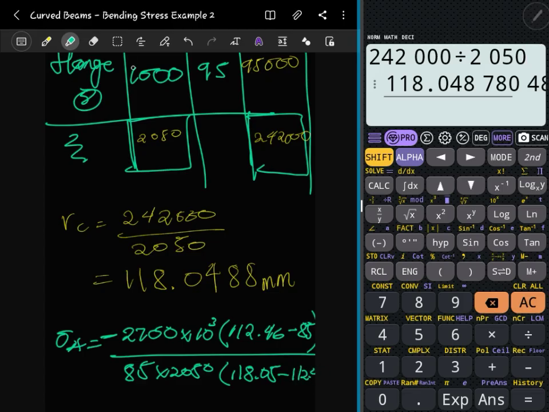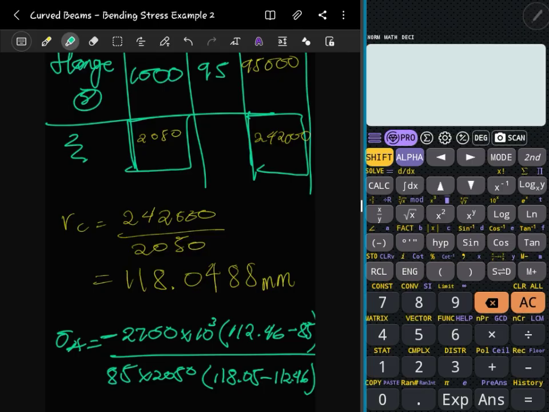We'll put that in when we punch it in. So let's see what we have for the bending stress at A.